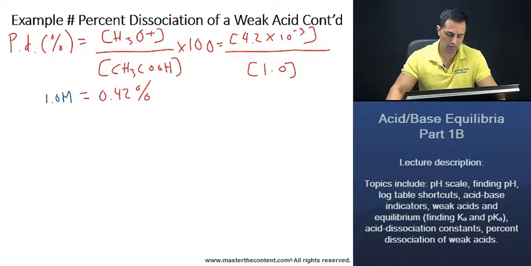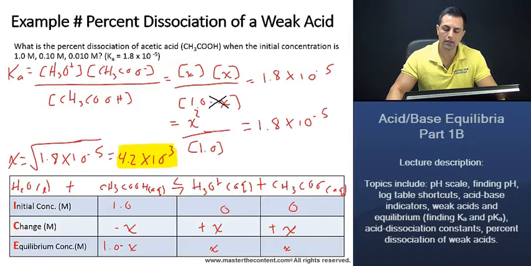Secondly, what I'm going to do now is allow you to calculate it on your own. When you're looking for the percent dissociation for a 0.1 molar solution and a 0.01 molar solution, all you do is, at this step where you have x squared over 1.0, you change the initial concentration here, and you start solving from right here for the 0.1 molar solution and for the 0.01 molar solution.